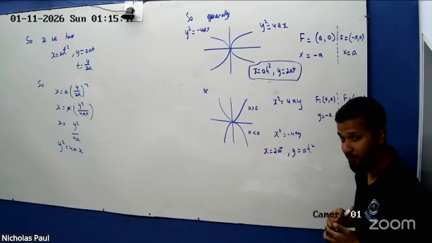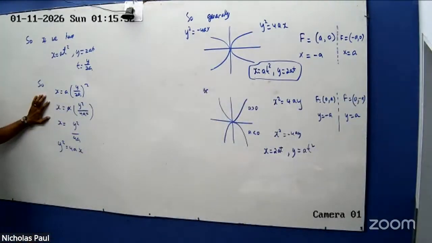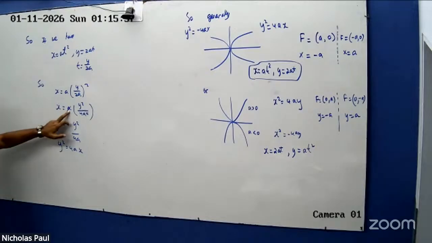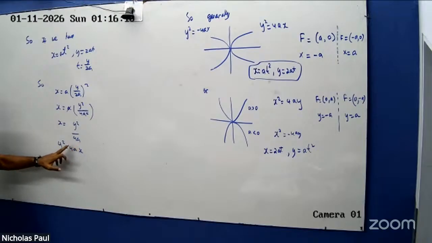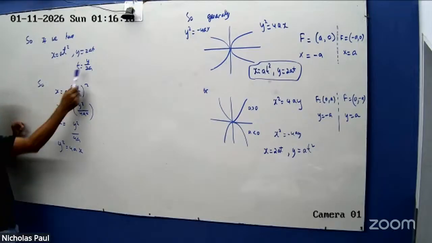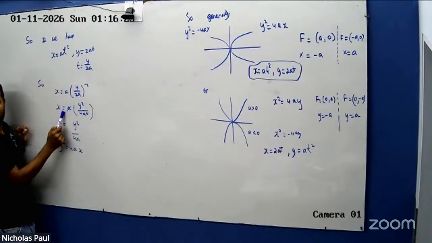Only a will cancel off here, because remember, it's y squared over 4a squared. So a times a squared is a squared. I square this, I get y squared over 4a squared. I have a on the outside, and I cancel here.